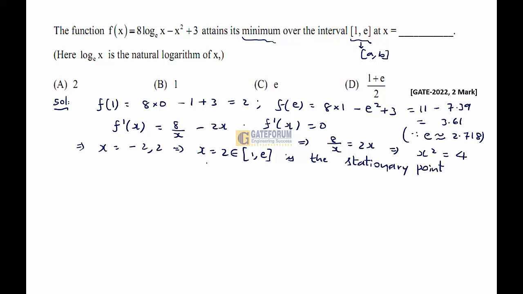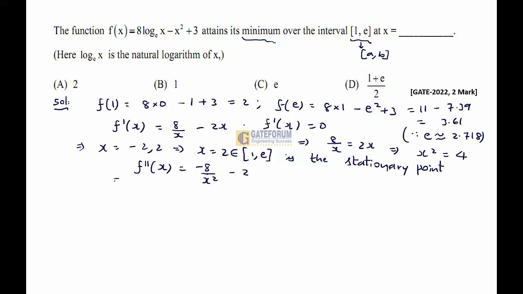Now at this x value, find the second derivative and check whether it is greater than 0 or less than 0. f double dash x: 8 by x, the derivative of 1 upon x is minus 1 upon x square, using the formula for the derivative of x power n, so minus 8 by x square. Minus 2x, derivative is minus 2.